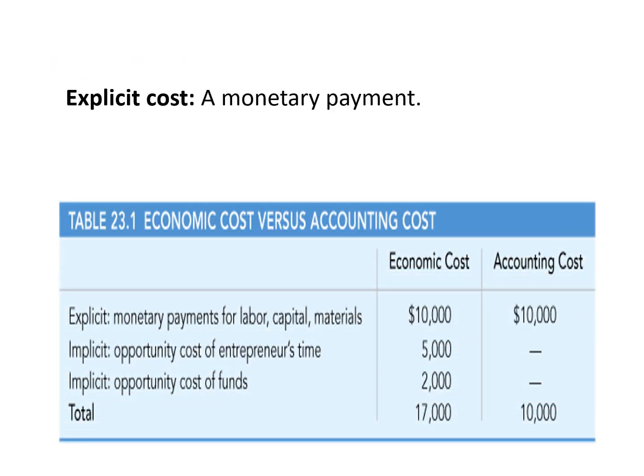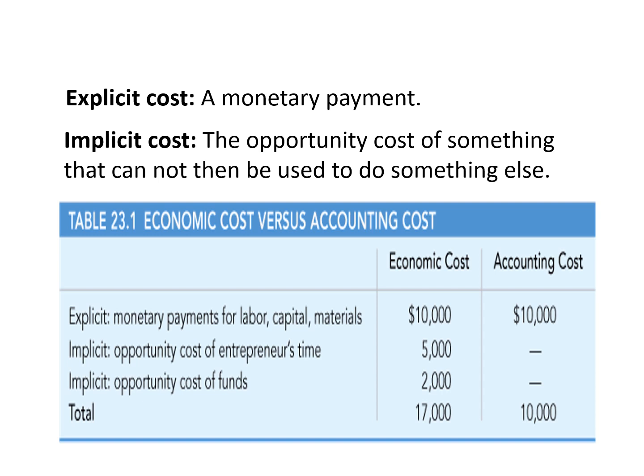So here we see that example elaborated a little bit. The explicit costs are given in this table of accounting costs. So the payment for labor, capital, and materials is covered in these accounts. And it's a clear cost that is landing up in the accounts. So it is an explicit cost. Okay, it requires money. But there are two other costs here, implicit costs, that we mentioned in the last slide.